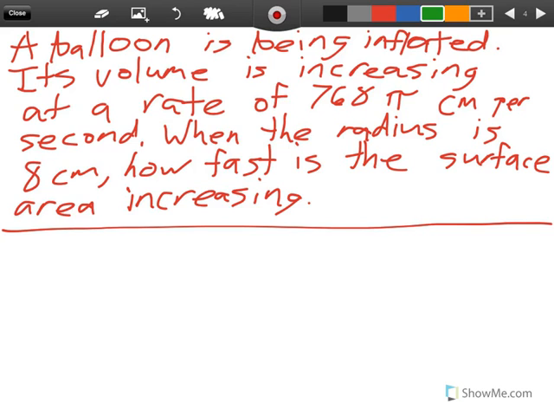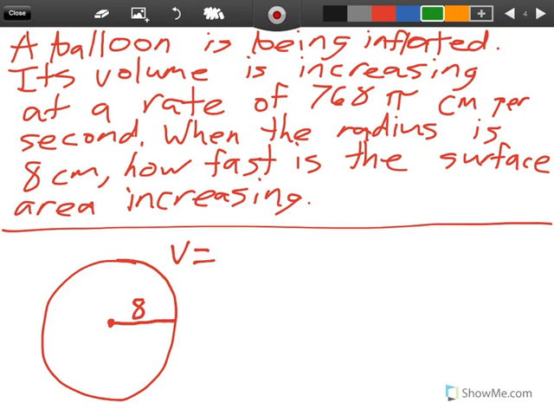So first, let's draw a picture. There's our balloon. It's spherical. We didn't put that in the problem, but that is what it is. The radius right now is 8, so let's put that right there. And dV/dt, which is the rate of the volume, equals 768 pi.